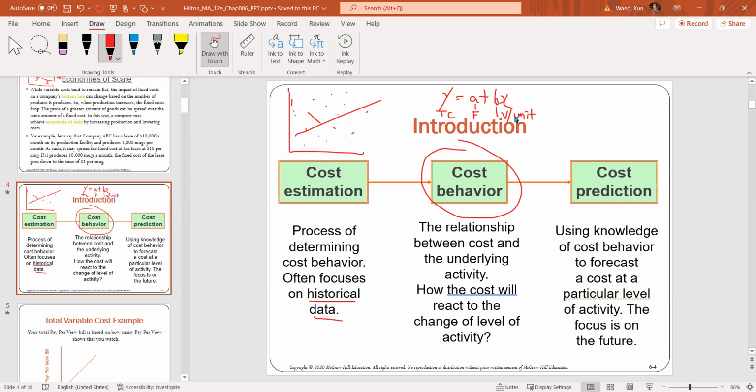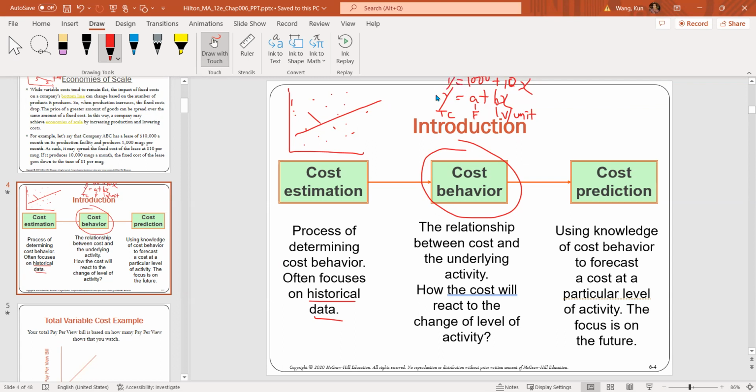It should be a per-unit amount, like $5 per cup. So for example, I have a total of $1,000 fixed, and then plus $10 per cup. This will be my cost model for making the coffee cups.